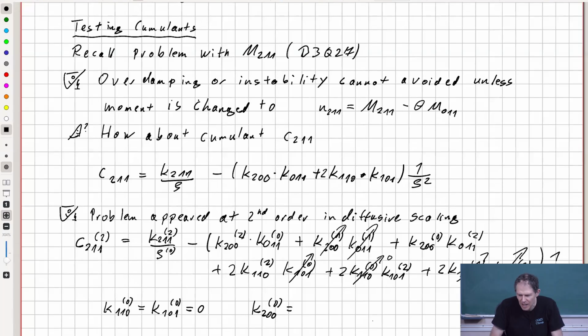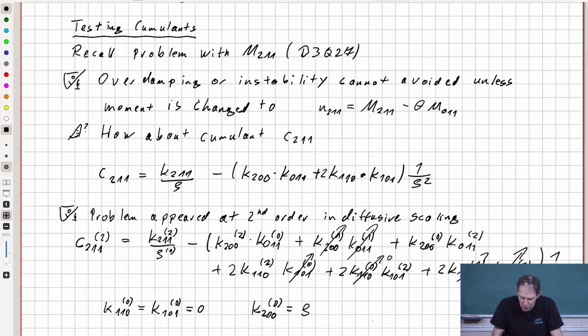What is K200 at zero order? Anybody remember? K200 is usually rho times theta times u square. So u square is obviously of second order, so this doesn't exist. Then rho comes in order 0, right?